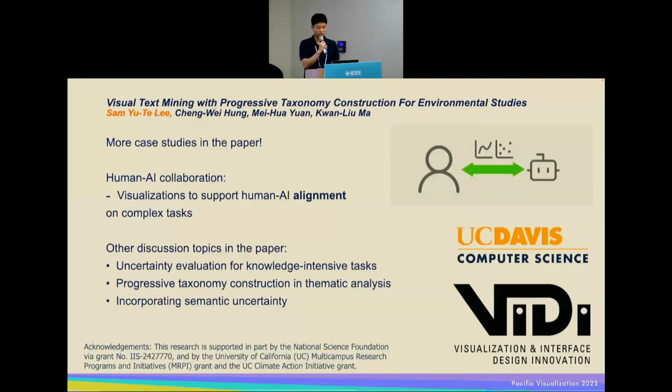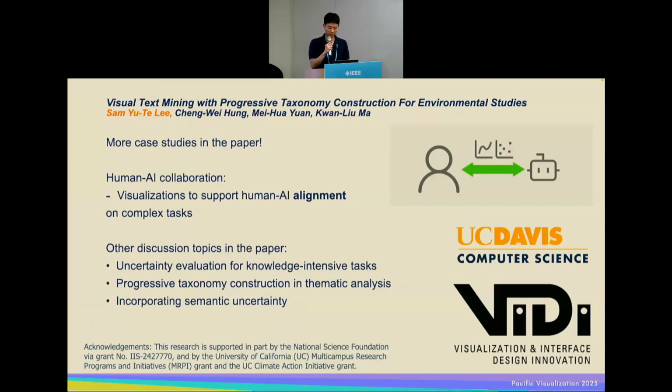So you'll find more case studies in the paper, but I don't think I have time to look at them right now. I want to move on to the broader implications, which go perhaps beyond environmental studies, looking at the concept of progressive taxonomy construction itself.